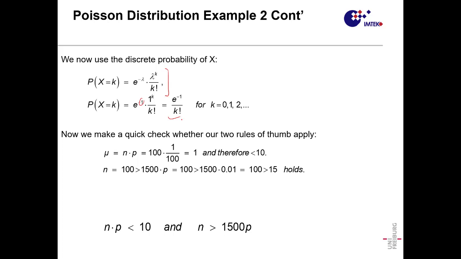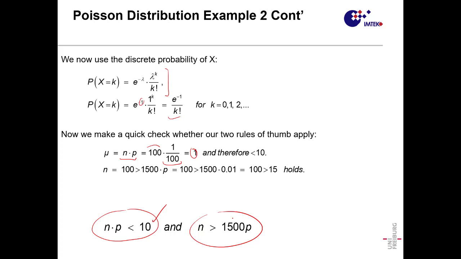And then we can check the two rules of thumb that we have to check. First, n times p has to be less than 10. If we multiply n times p, n is 100, p is 1/100, that is 1, okay, it passes, it's less than 10.